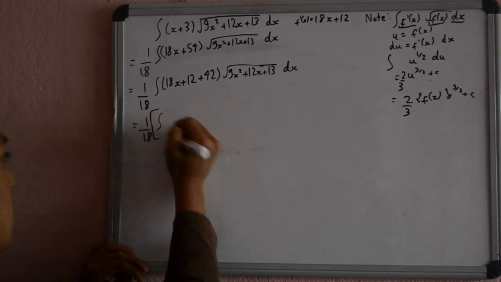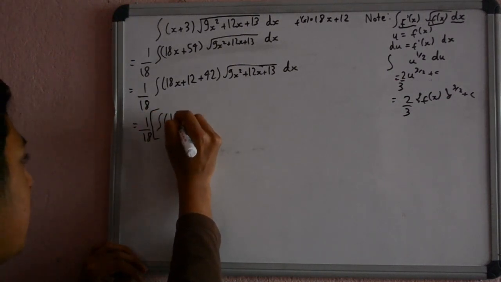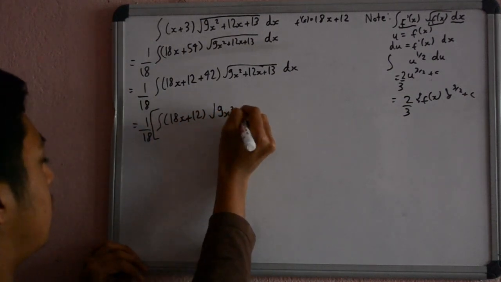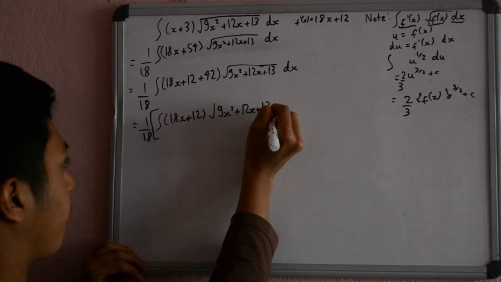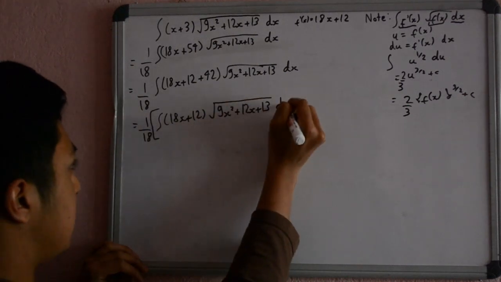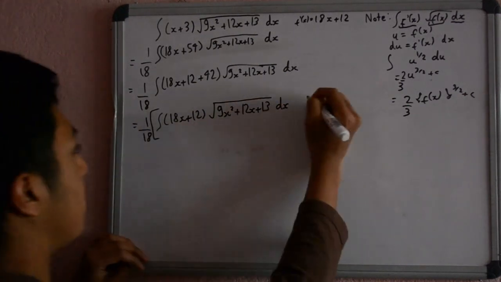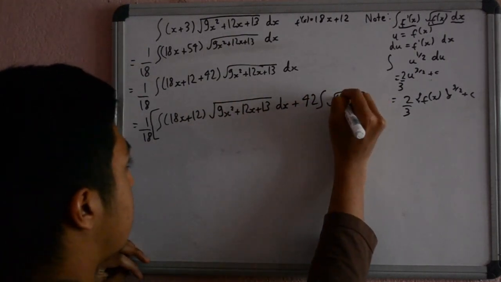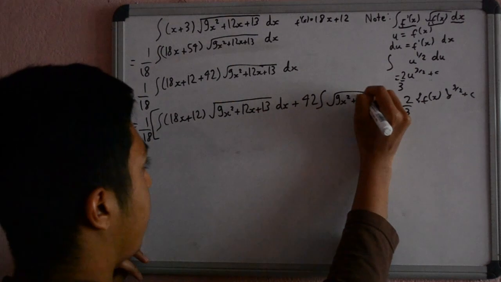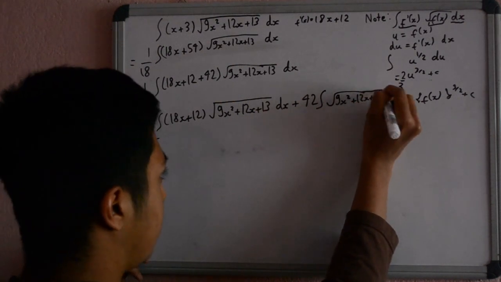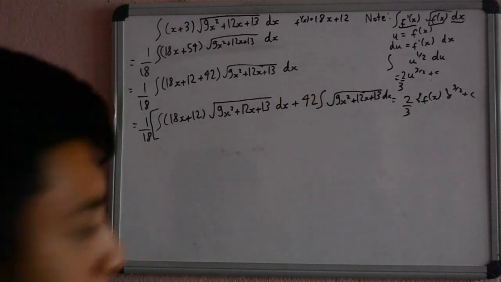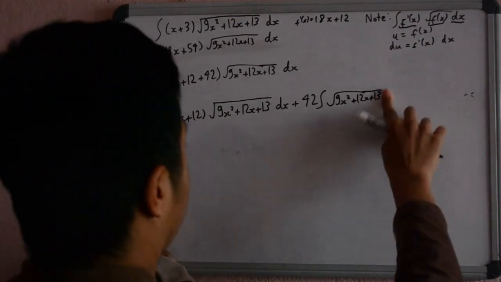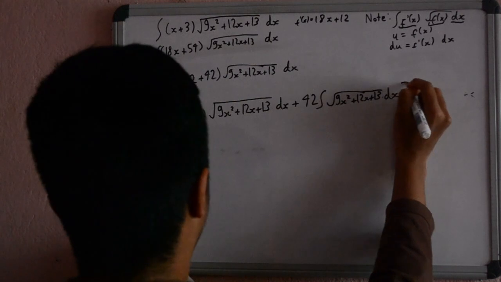So this will first of all be the integral of 18x plus 12 root over 9x squared plus 12x plus 13 dx, and then plus the integral of 42 root 9x squared plus 12x plus 13 dx. So I have to rub this out. Like so.